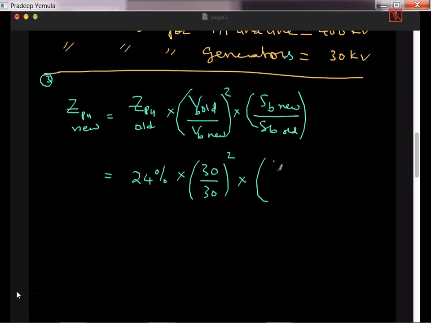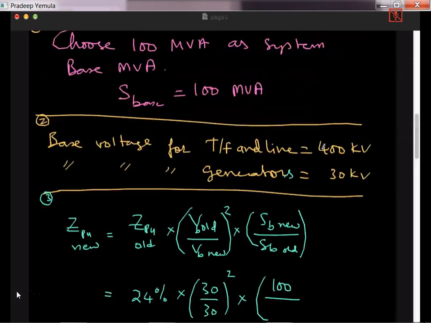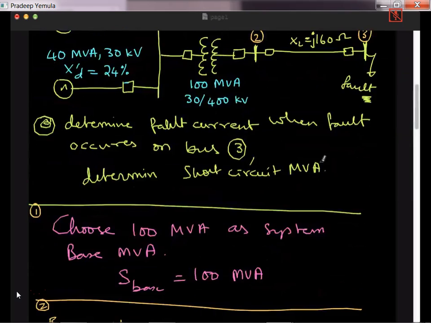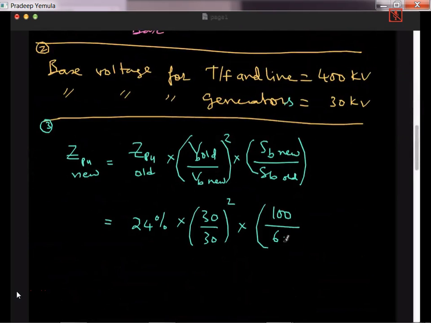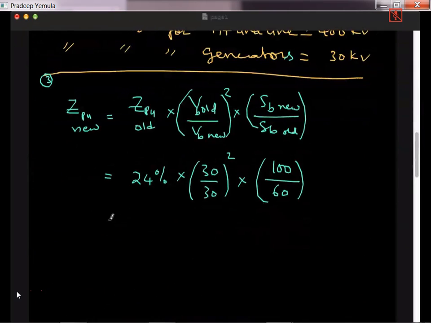Now S base new is 100 and S base old for generator 1 is 60 MVA. So from this calculation I will know the impedance of the first generator.